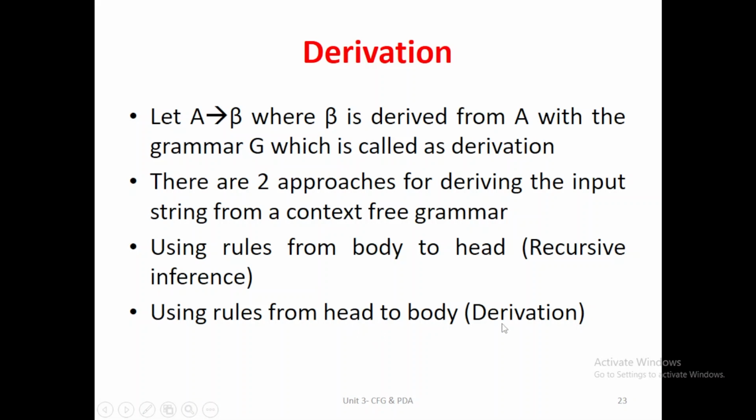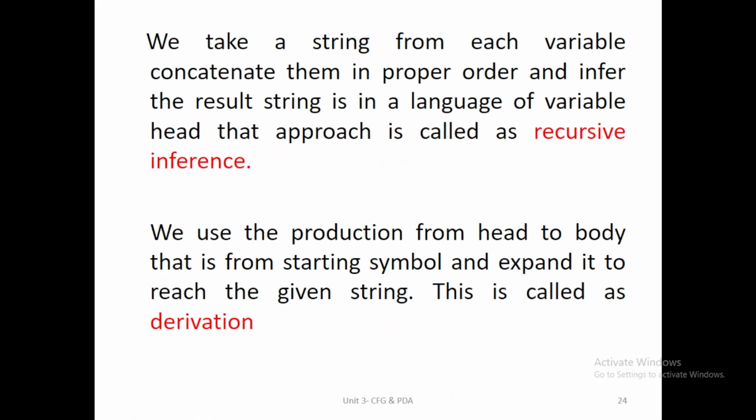Derivation is another approach which starts from a starting symbol, and the body means we should derive a set of terminal symbols from it. That is called as derivation. So this is the definition for recursive inference and derivation.